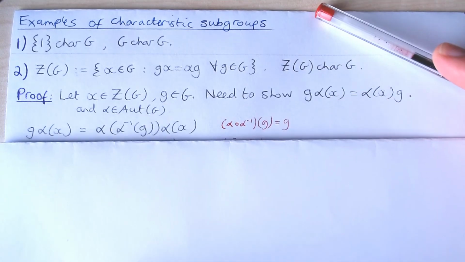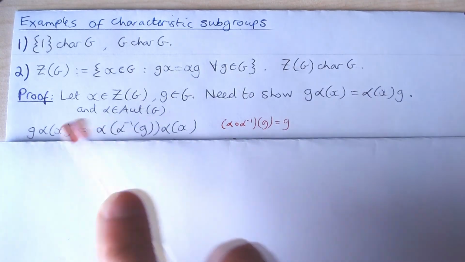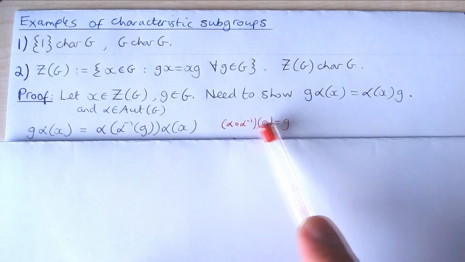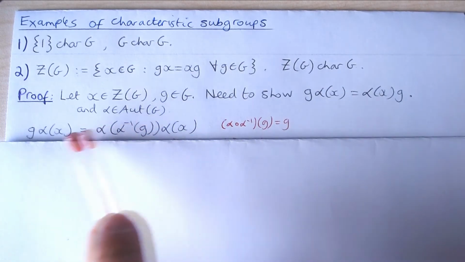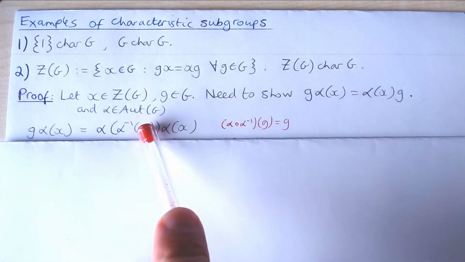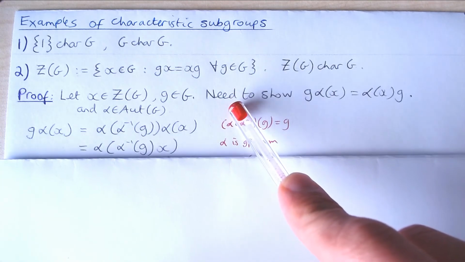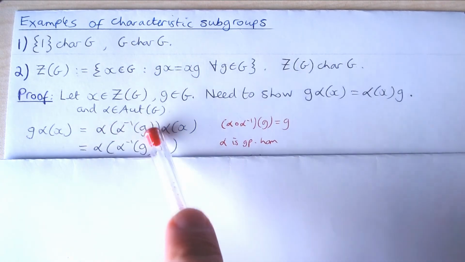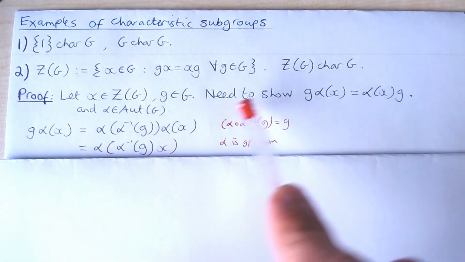We do this as follows. g alpha of x equals the following. We note that alpha composed with its inverse applied to g gives us g back, so we can write g as this. And then we note that alpha is a group homomorphism, so we can take this product inside.